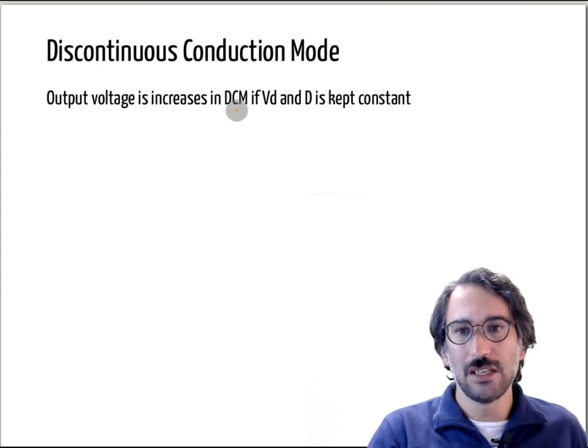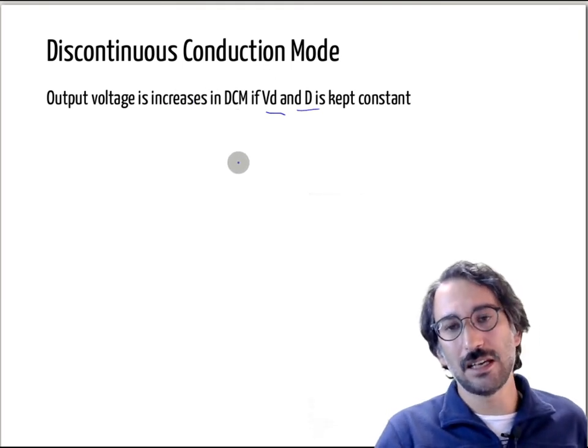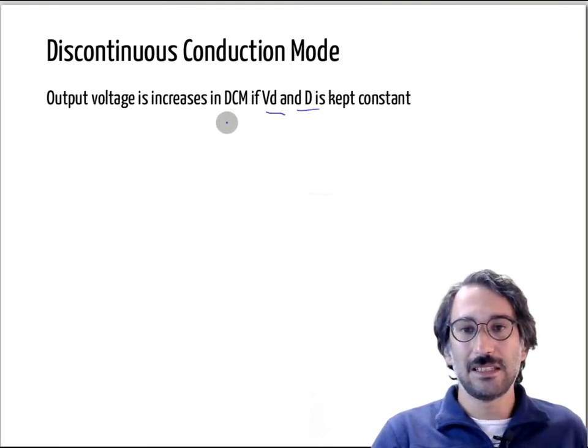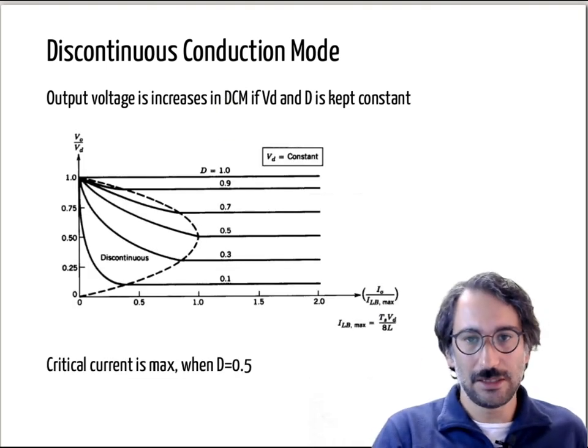Okay, in general, if you just keep the duty cycle and your input voltage constant, as you get into the DCM at steady state, the output voltage starts climbing up. So let's have a look at this waveform, right?